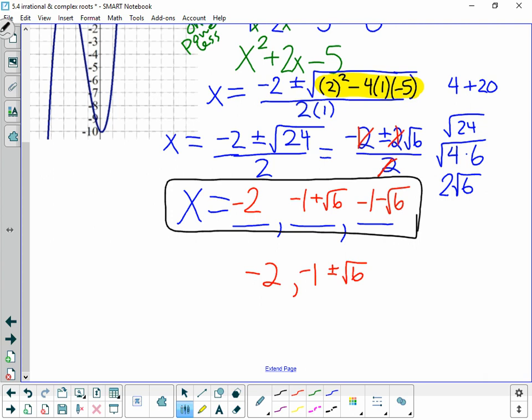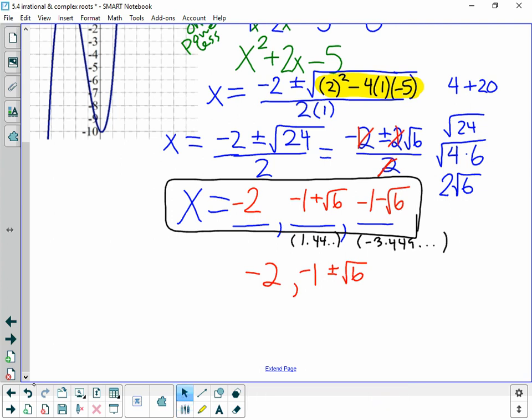If you ask your calculator, what is negative 1 plus the square root of 6, your calculator says that this is around 1.44, etc. And if you typed into your calculator negative 1 minus the square root of 6, it would tell you that that's around negative 3.4494, blah, blah, blah.